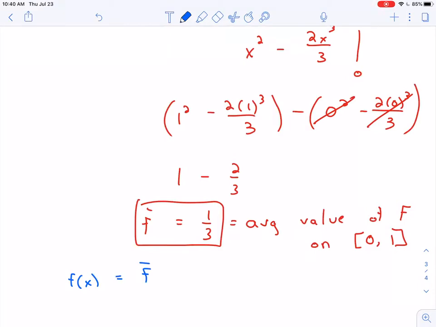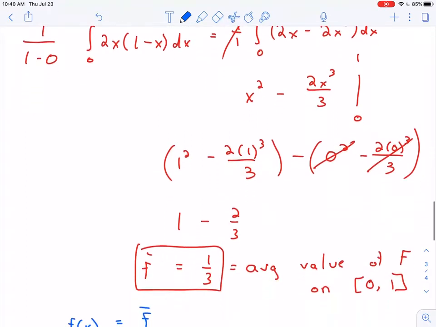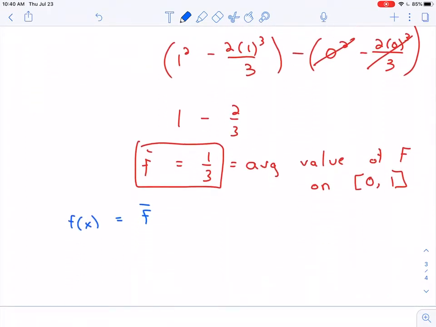I usually just leave it as x. So our function was 2x times 1 minus x, 2x times 1 minus x is equal to f bar, which we said was 1/3. So I'm going to solve this equation.